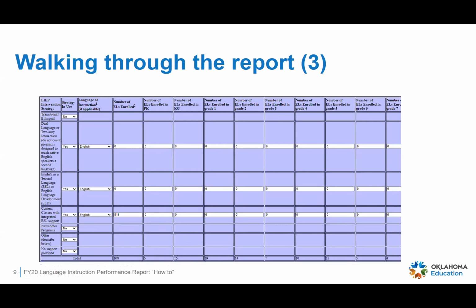You may notice that if you add up the totals of each column and compare it here to the total number enrolled, they might not correspond, and that's because the pre-K numbers are subtracted out. So your enrollment of kindergarten through 12th grade should equal this number here.